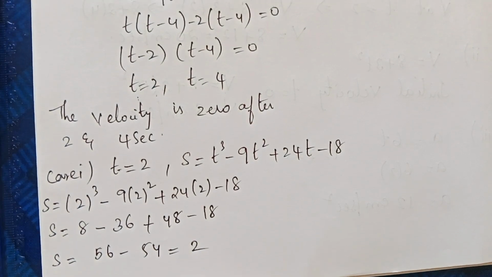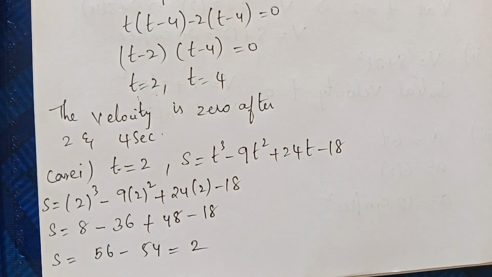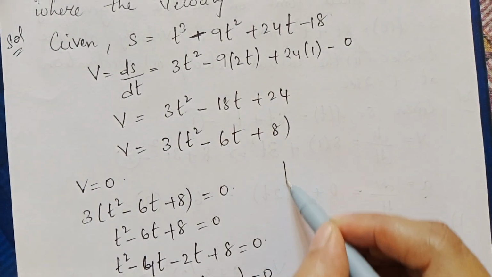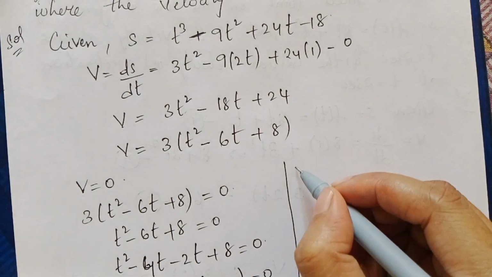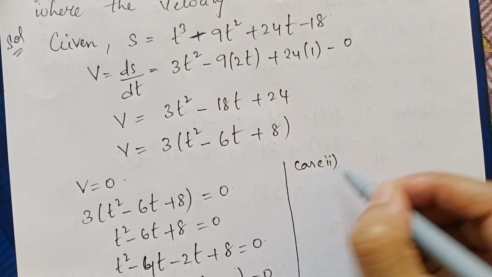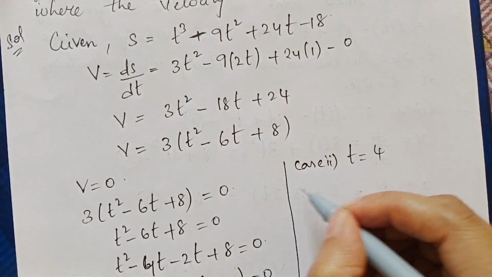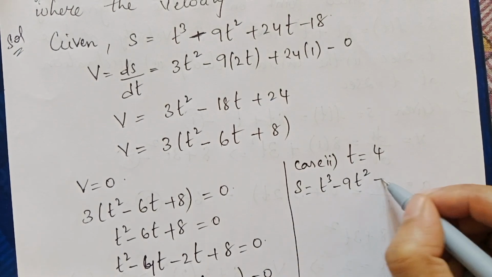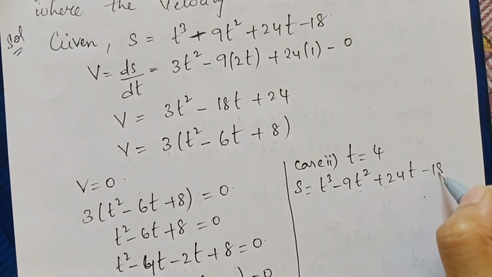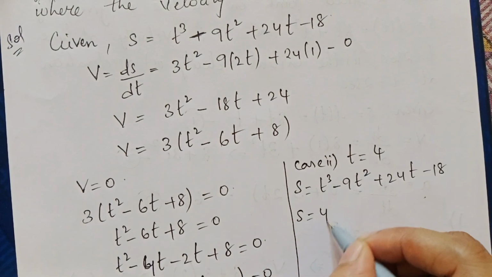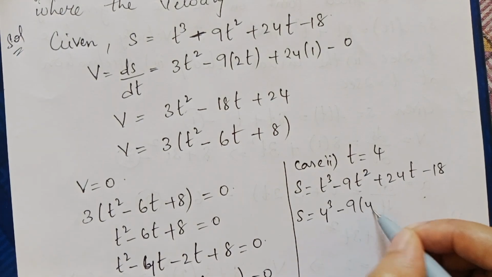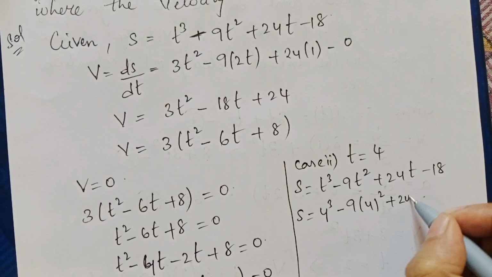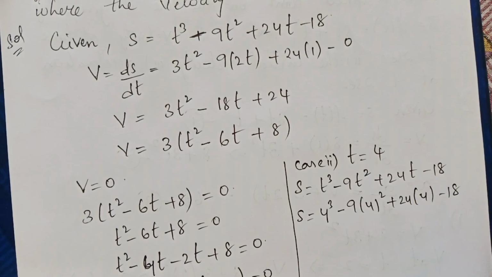Okay, now similarly solving for t is equal to 4, case 2. t is equal to 4, s is equal to t cube minus 9t square plus 24t minus 18. s is equal to 4 cube minus 9 into 4 square plus 24 into 4 minus 18.